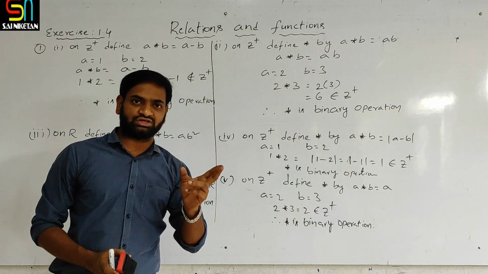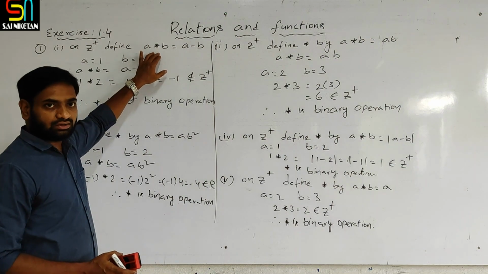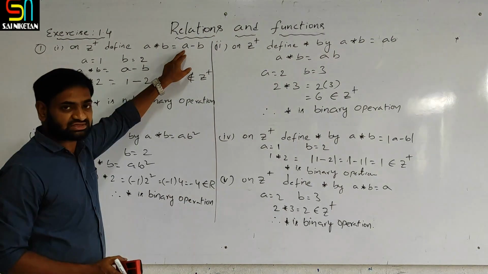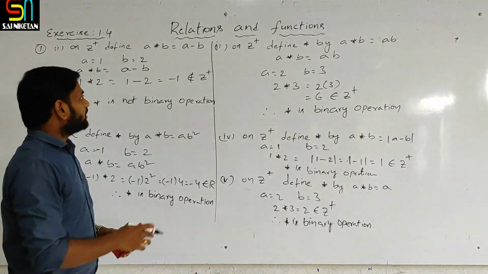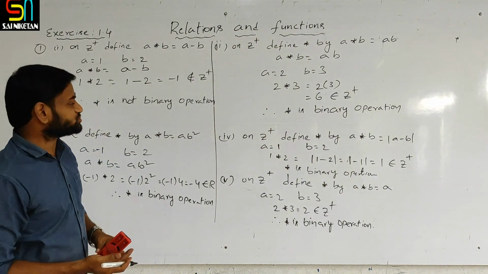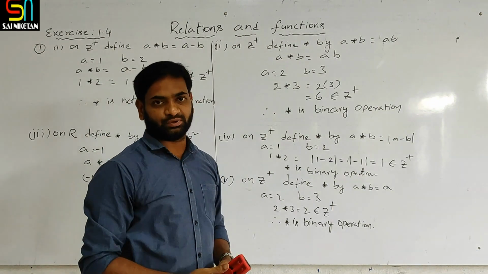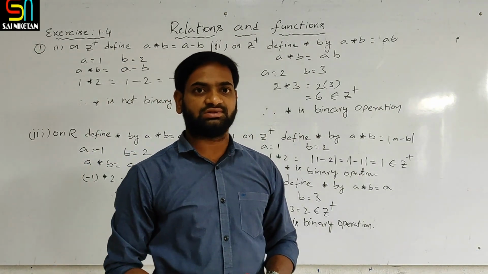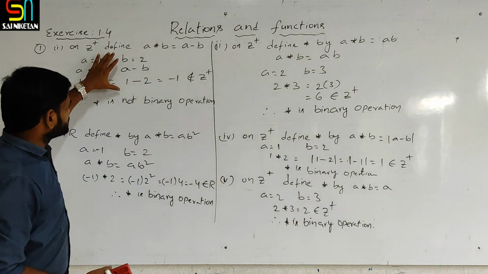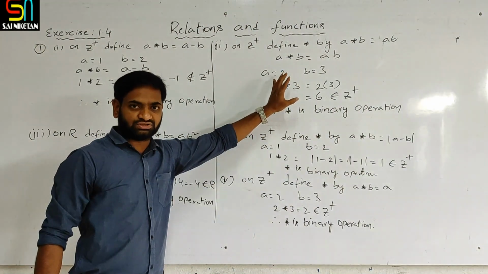We apply the operation, here star is the operation defined as A minus B. After applying the operation, if the result belongs to the same set, then it is binary operation. Otherwise, it is not binary operation. So in these problems, the first one is not binary operation, and the remaining are all binary operations.